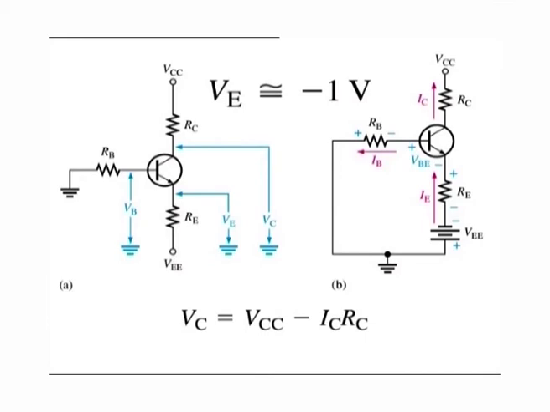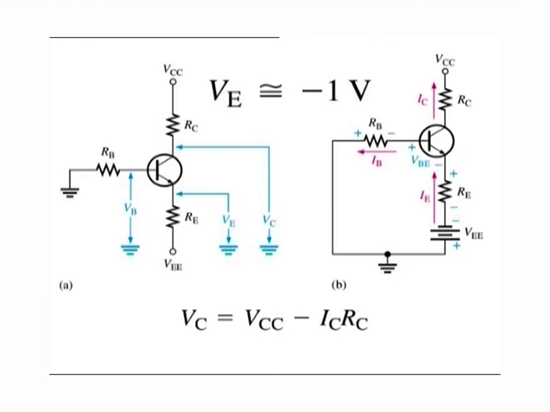In the case of voltage divider bias, there is a more rigorous calculation for cases where you need a more exact result. The approximation that Ve is approximately equal to minus 1 volt and the neglect of beta DC may not be accurate enough for design work or detailed analysis.